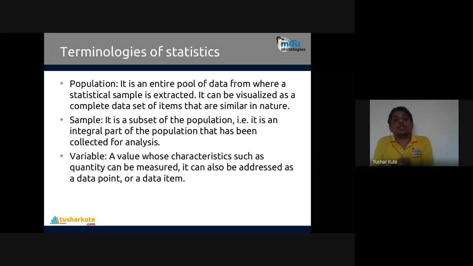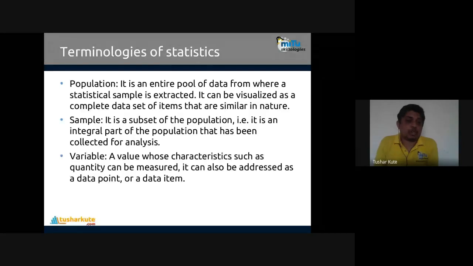A sample is a subset of the population, an integral part of the population that has been collected for analysis. Out of 100 people, I'll take only 10 samples, 10% of the data, and then apply my experiment on those 10 samples only.